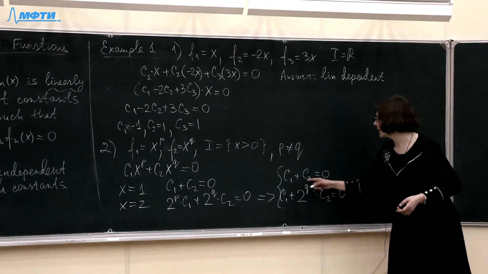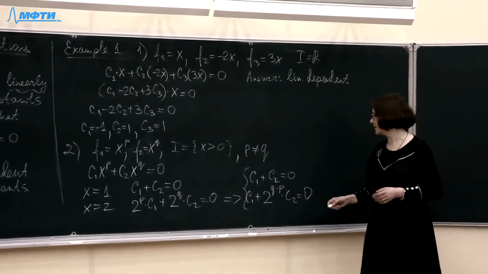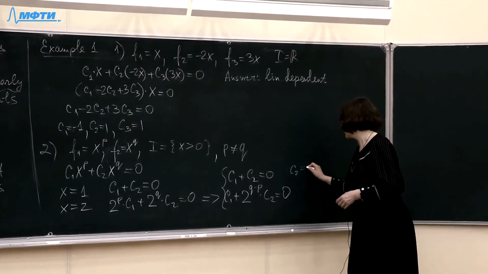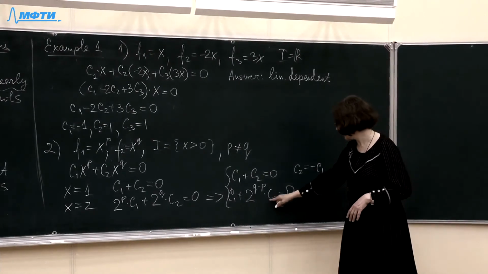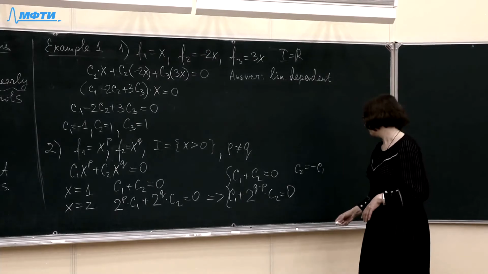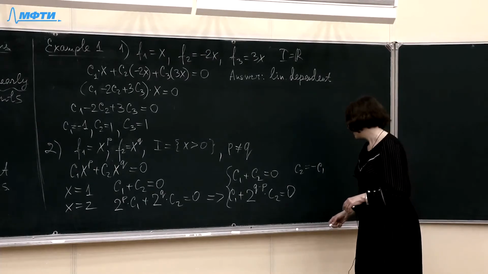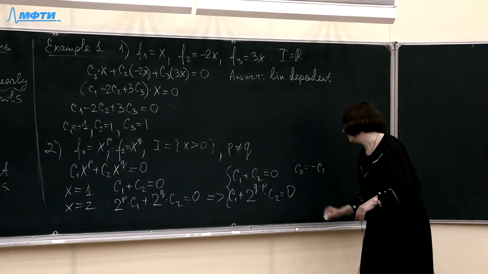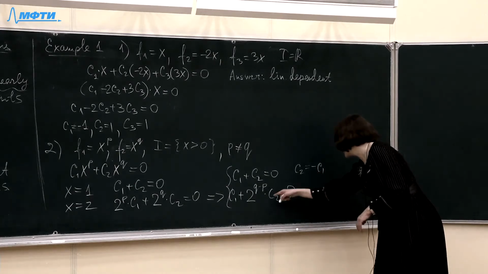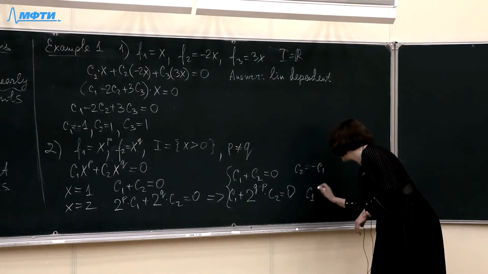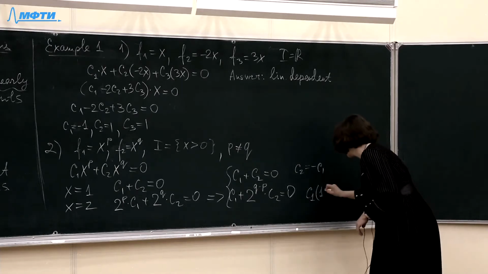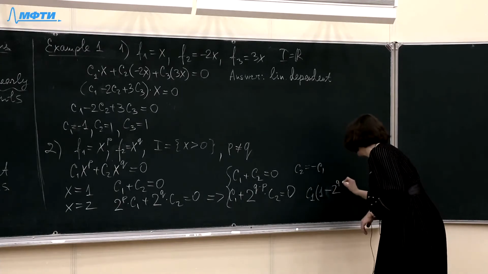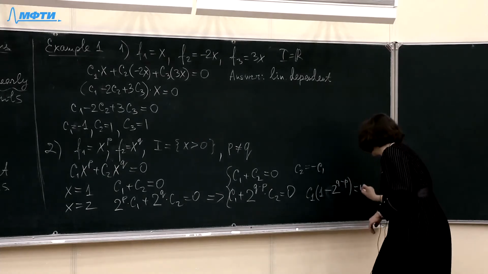C1 plus C2 equals 0. This means that C2 equals minus C1, and on substituting this into the second equation, we will have the following: C1 times 1 minus 2 to the power q minus p equals 0.